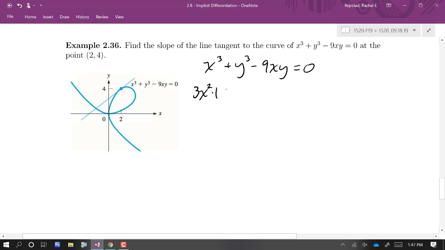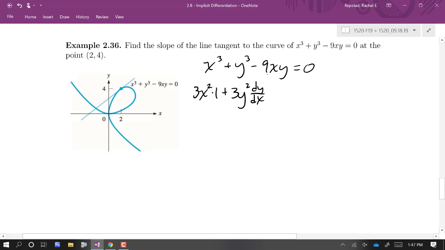No dy/dx here. Can somebody tell me why? Because it's x. Yeah. Then 3y squared dy/dx. Why dy/dx this time? Because we have a y. Yep.